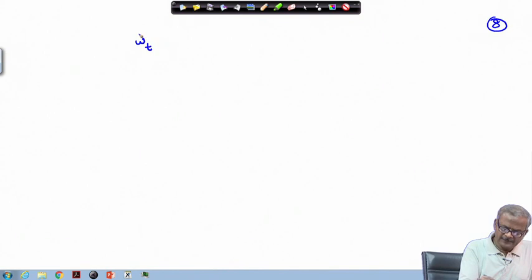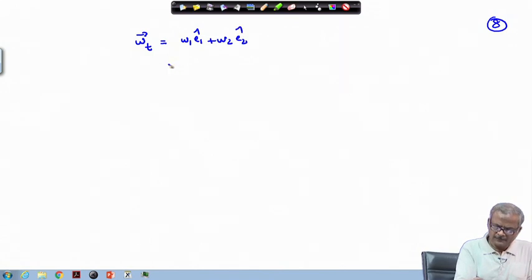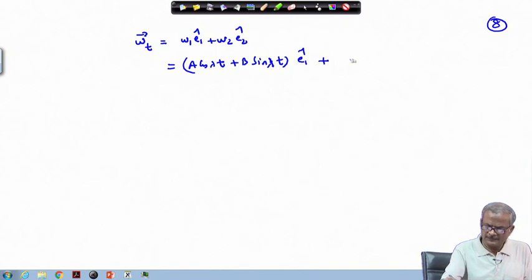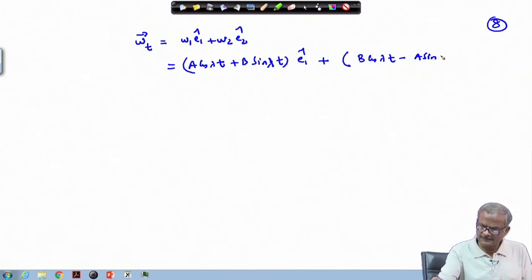So, we can define a vector omega t as omega 1 E 1 cap plus omega 2 E 2 cap, and then we can write a cos lambda t plus b sin lambda t times E 1 cap plus b cos lambda t minus a sin lambda t times E 2 cap.